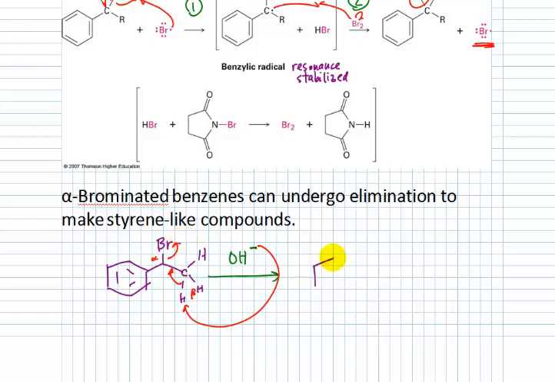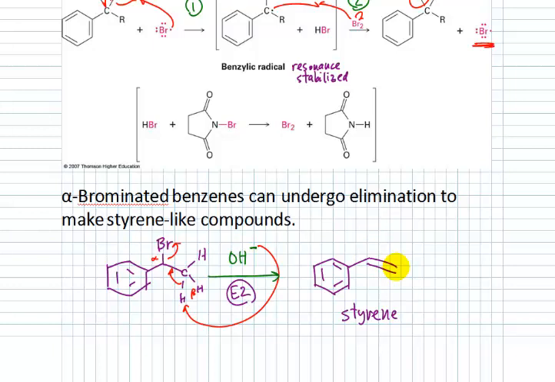So we will do an E2 elimination, leaving us with a compound like this. This is styrene, a benzene ring with a CC double bond attached to it as a substituent outside of the ring there.